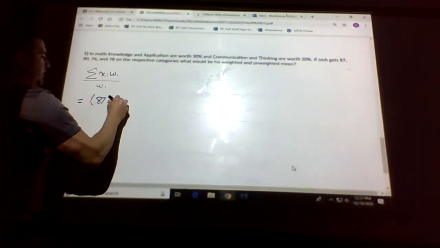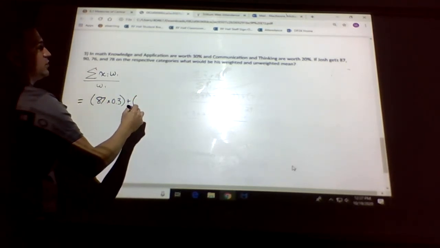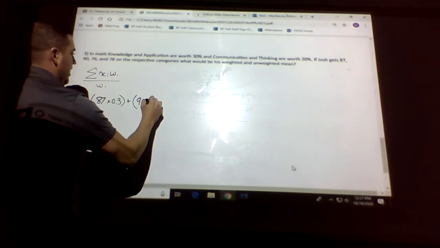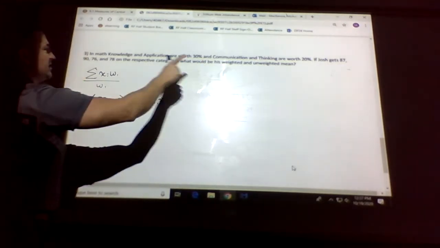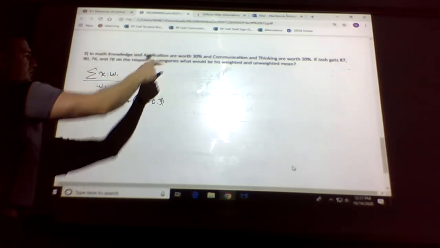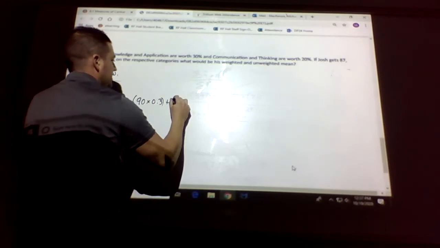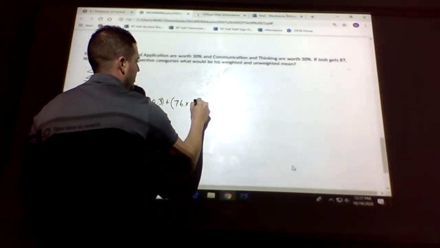times 0.3. Then we're going to have 90 times 0.3. So 87 is the knowledge, which is 30%. The 90 is the application, which is also worth 30%. Then we have the communication mark of 76, that's worth 20%.